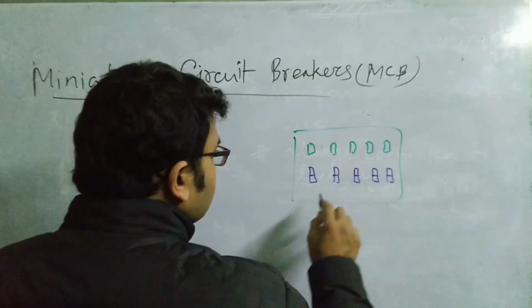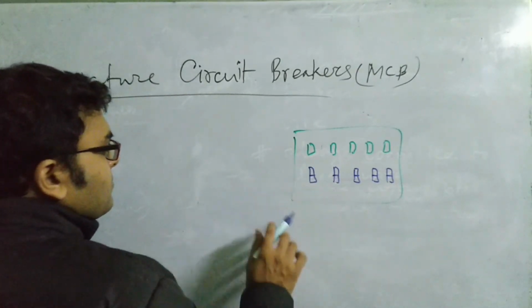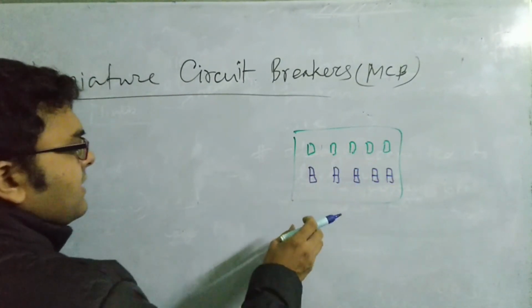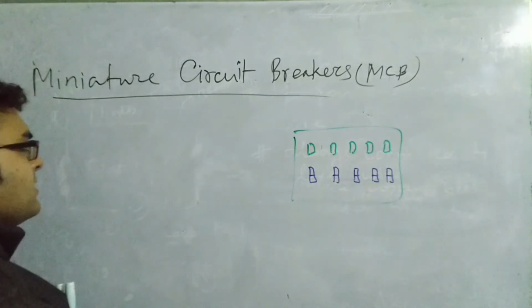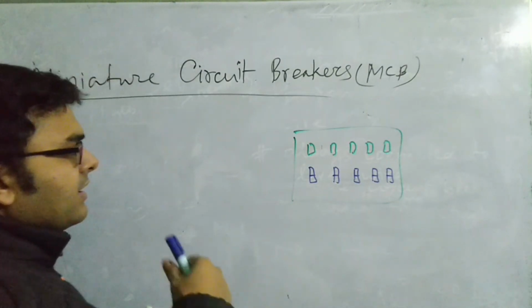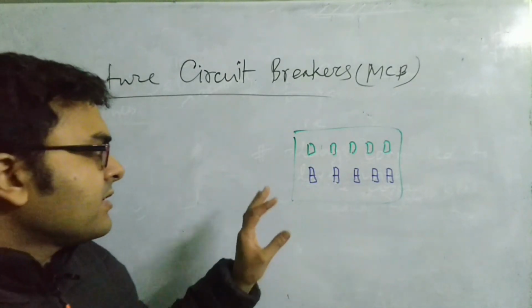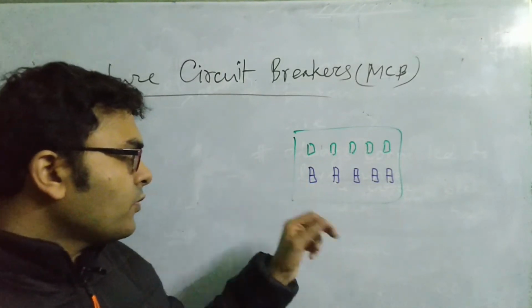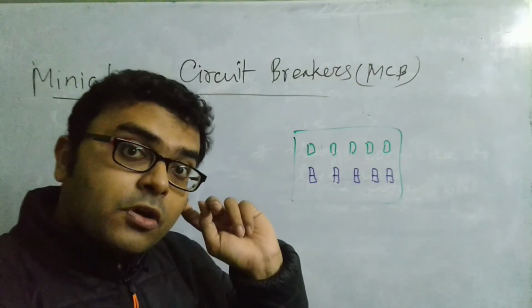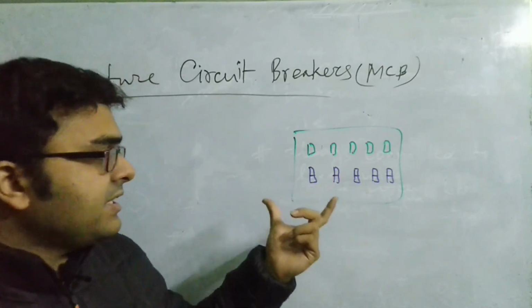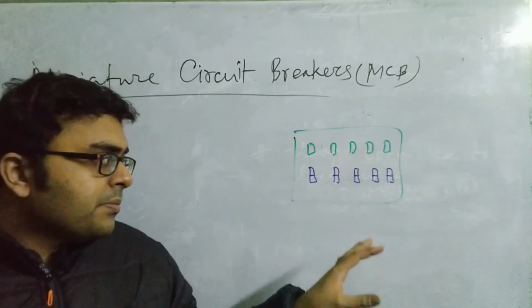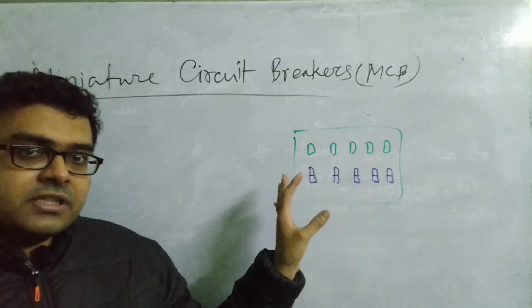Okay, 5 panels. Now these are small LEDs, 5 LEDs and 5 switches. Okay, now what happens if suddenly due to any faulty condition high current comes into the circuit, the switch automatically turns off. The switch automatically turns off.